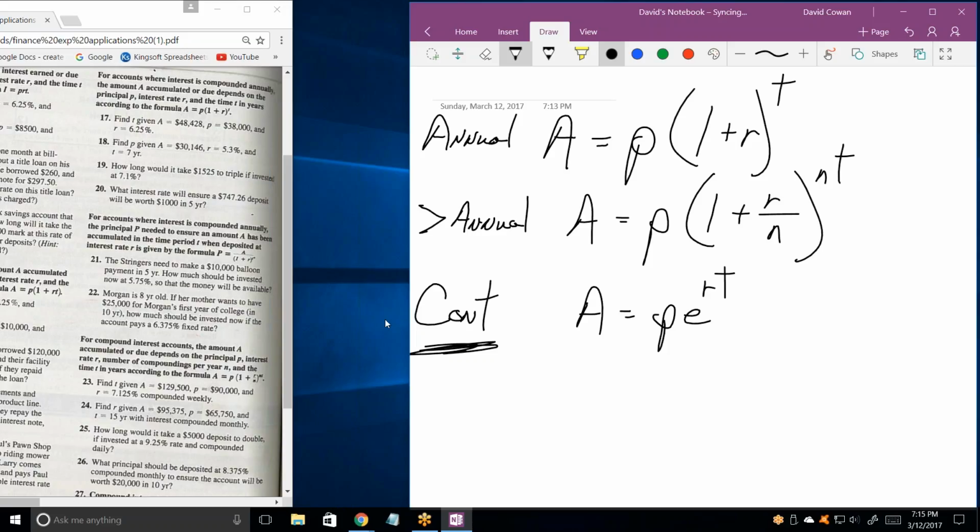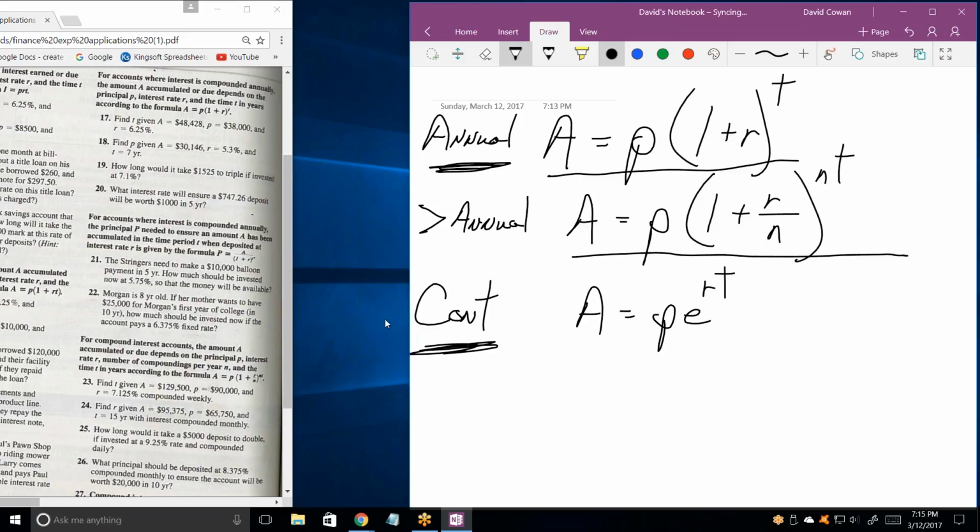All natural world functions either grow continuously or they don't grow at annual or more often than annual. These are human creations. Banks decided that they would offer people annual compounding. And if you're doing annual compounding, you're using that formula right there. If you're doing more often than annual, another bank creation, you're using this formula right there.